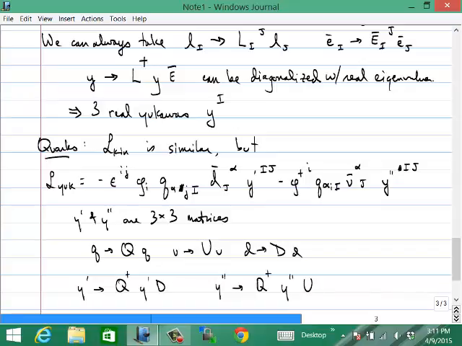So you now see that what we're trying to do, whereas previously for the leptons we had one 3 by 3 matrix of couplings and two unitary matrices that we could use to make it diagonal, here we have two 3 by 3 matrices of couplings, but we only get 3 unitaries rather than 4. In particular, we have to multiply both of those guys on the left by the same unitary matrix. So that means that they can't be simultaneously diagonalized.